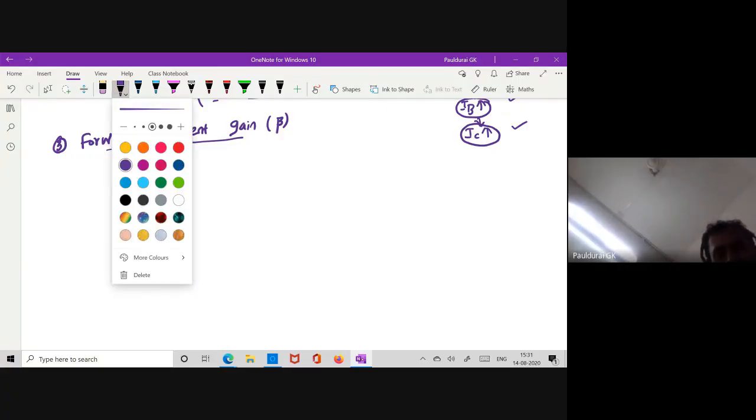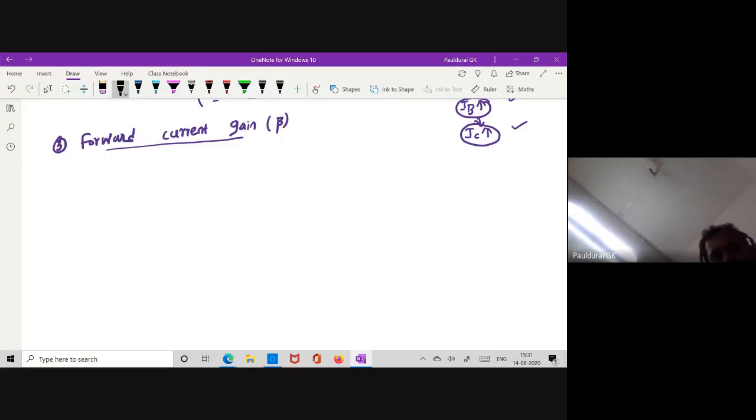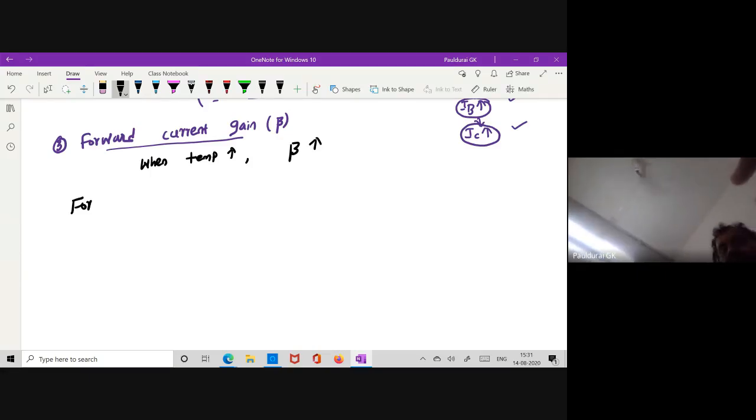Any guess at least? Just a guess. When temperature increases, beta also increases. How much? Here is the beauty. Why silicon? Why not germanium? Here I will give the explanation.